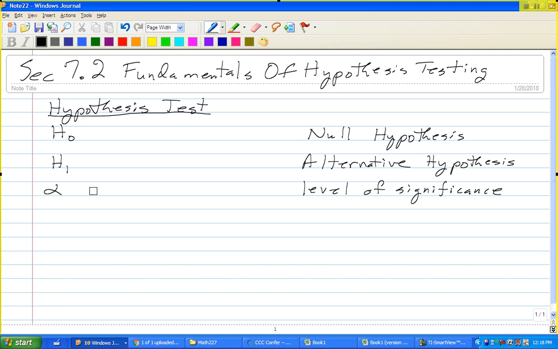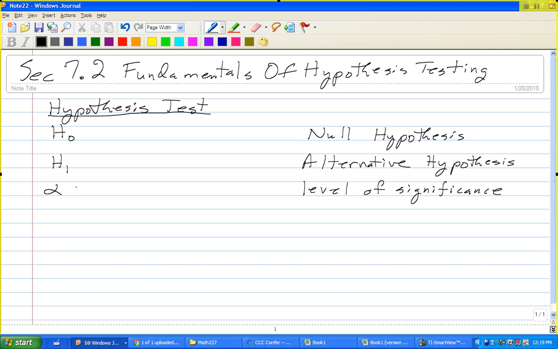The null hypothesis is some claim, some statement about what the population parameter is equal to. The alternative hypothesis is a statement about what the population parameter is not equal to. A level of significance is some value that is given in order for us to do this statistical test to test the claim of the hypothesis.